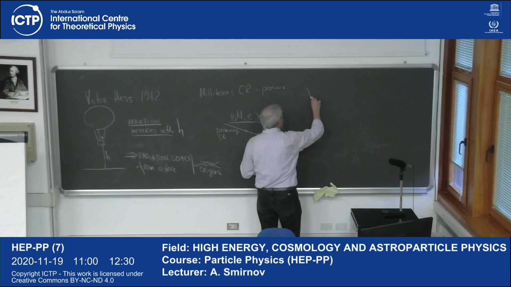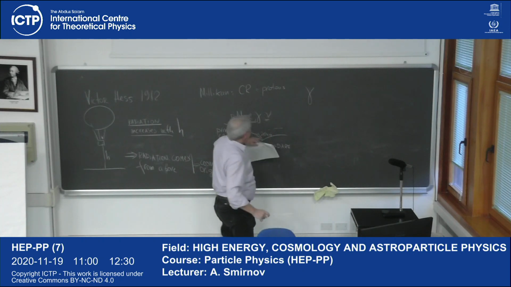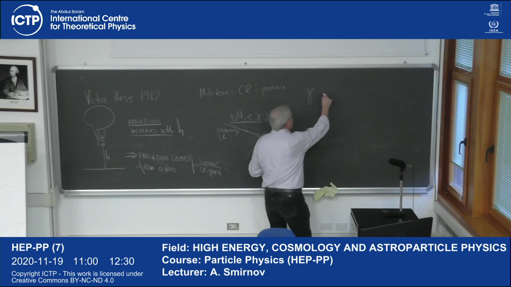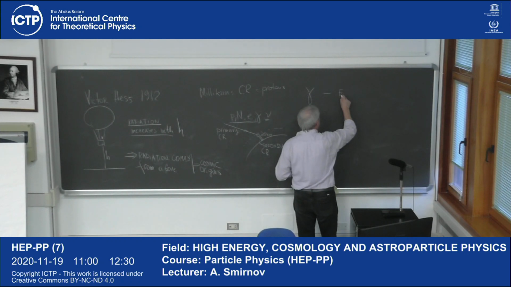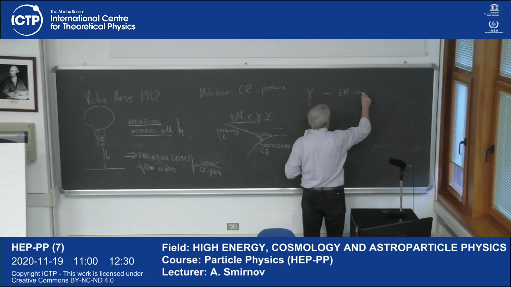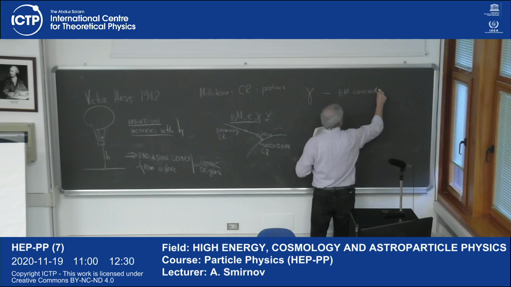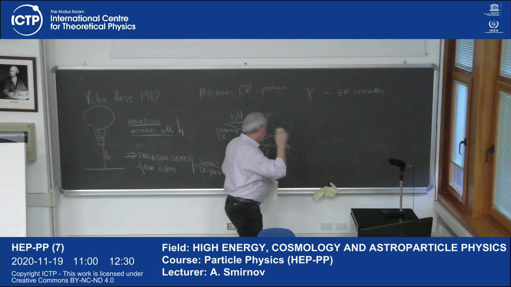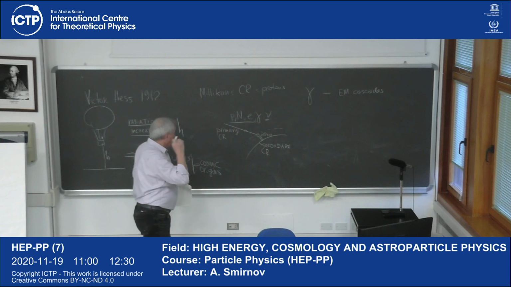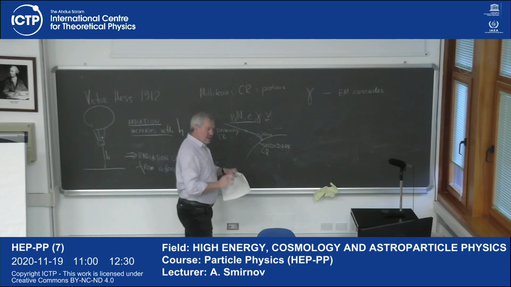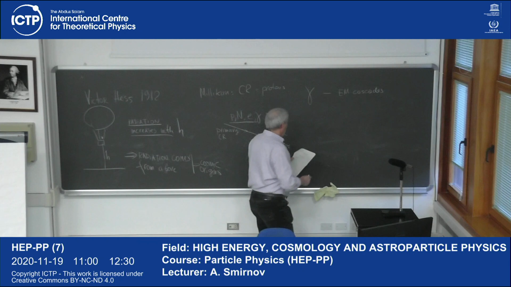So let me repeat, we have gamma heating the atmosphere, and they produce electromagnetic cascades. Secondary particles, which are again gammas and electrons, but at lower energies, because energy degrades, it is distributed.